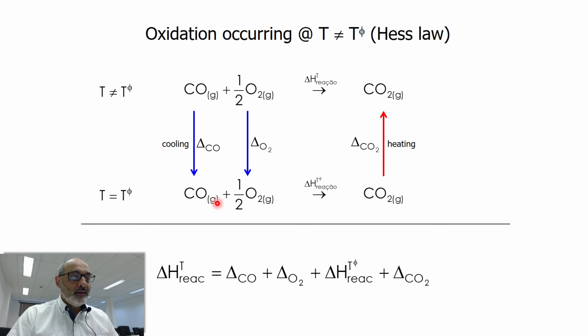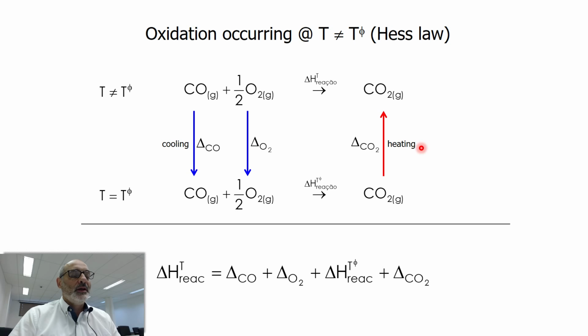Then we allow the reaction to take place. So CO and O2 react at 25 degrees, they release heat and form CO2.